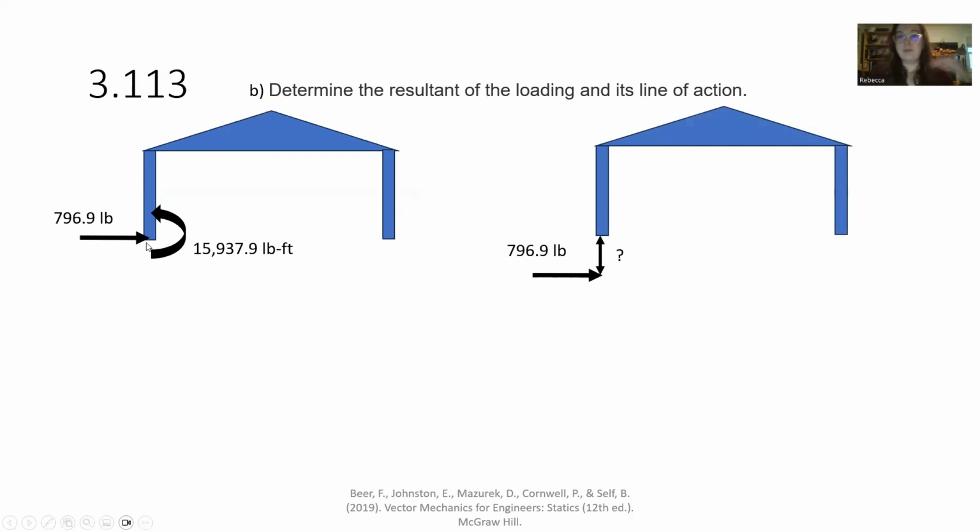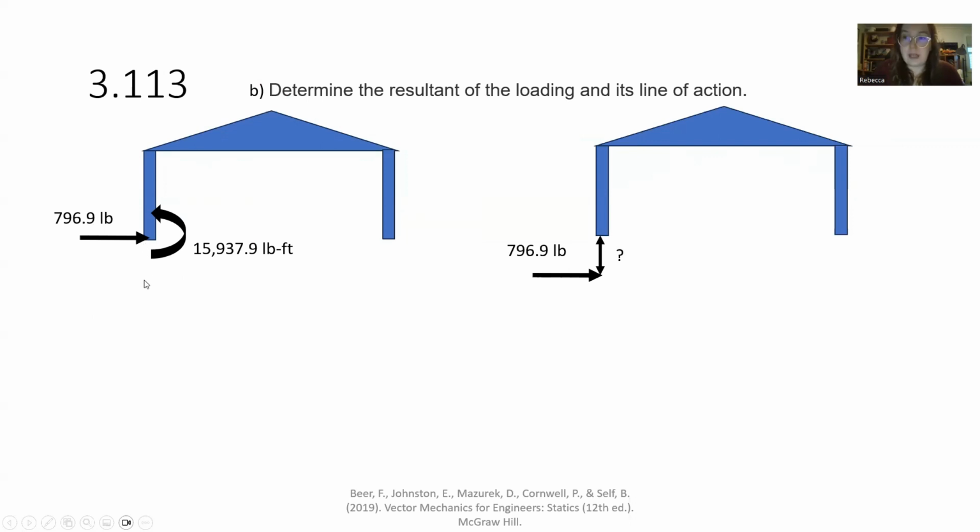Take that force, right? We have that force in the positive x direction. We need that force to create a moment in the positive direction, or in the counterclockwise direction. So we would need this force magnitude to be some distance away from D. We'd have to move it downward in order to get our rotation in the right sense.